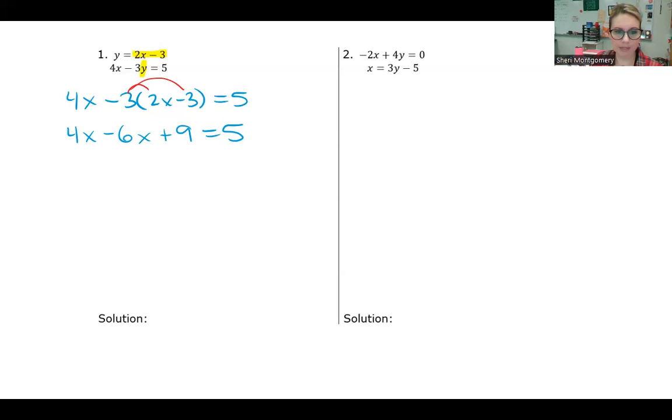I need to combine like terms. So negative 6, and I'm getting 4 more positive. Negative 2x. And now we're at a simple two-step equation. I always have to take care of addition, subtraction first. So first I will subtract 9.